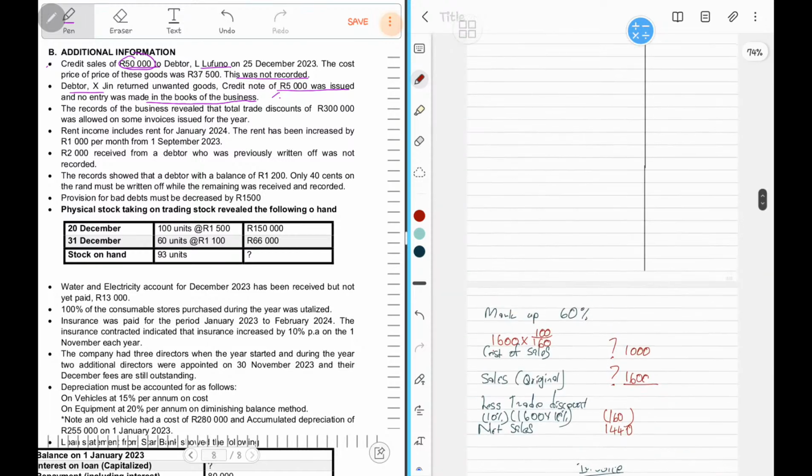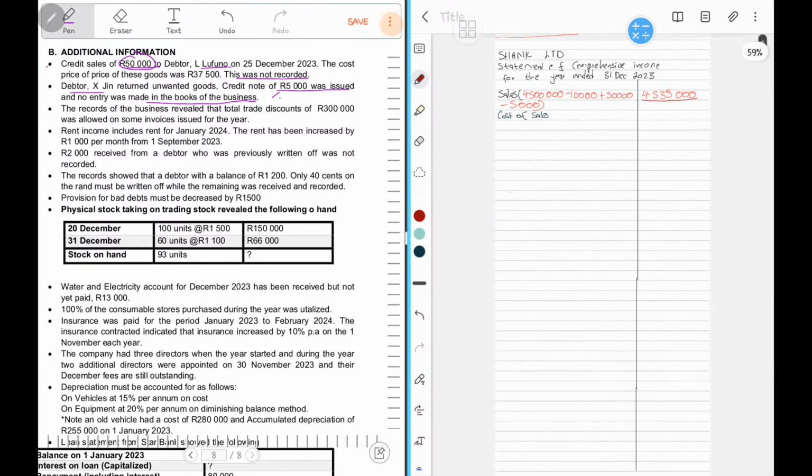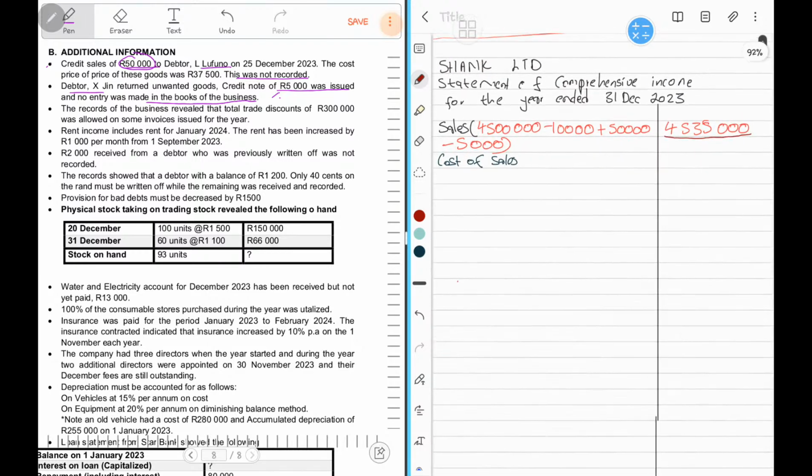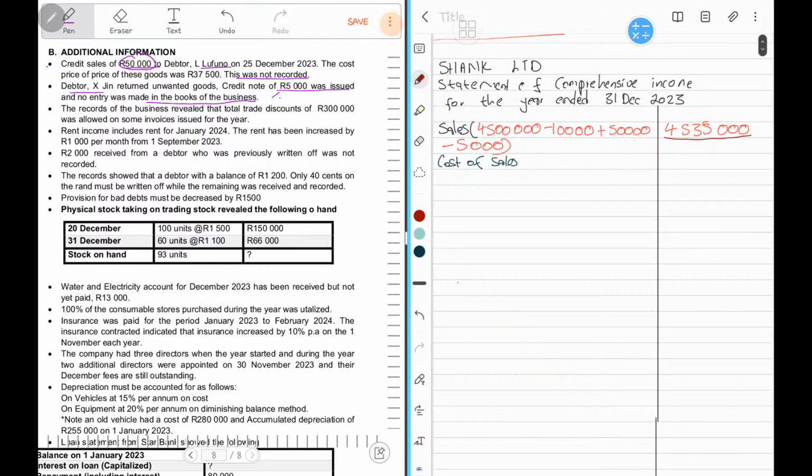So in our case, to answer your question, Sylvanus, we have our net sales here, we don't have our cost of sales. So we're going to take our net sales of 4,535,000. Then we're going to add back the trade discount that was allowed, which is 300,000.